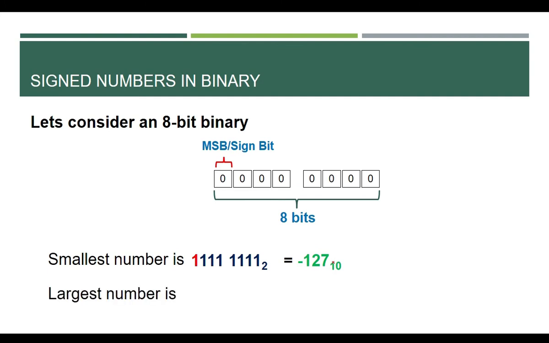The largest number that we can have in an 8-bit signed binary is 01111111, and this equals positive 127. Remember that our sign bit here has a value of 0. That shows that this number is positive. That is why we have a positive 127.